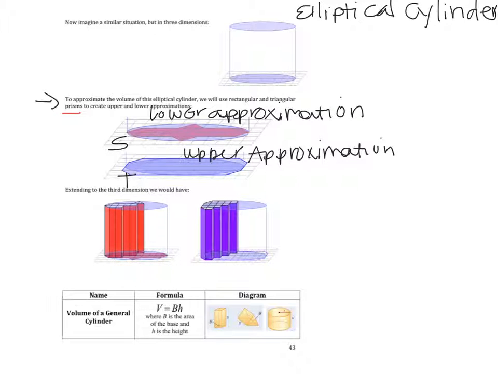The reason we're using rectangular and triangular prisms is that we know how to find their volumes.